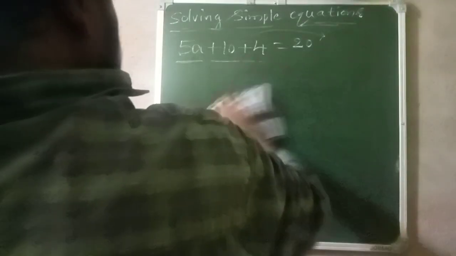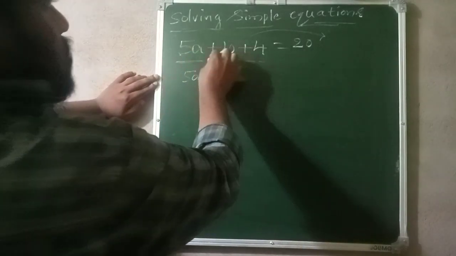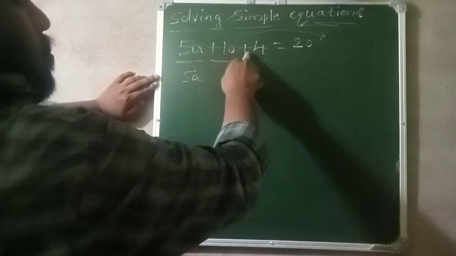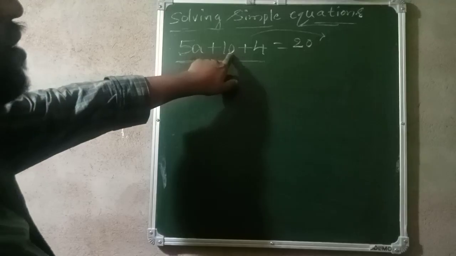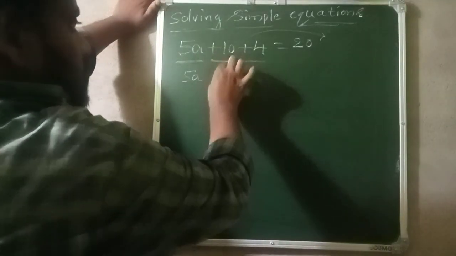I will keep this as it is. We will simplify this 10 plus 4. Here also plus, here also plus, so you have to add 10 and 4. When you add 10 and 4, you will get 14.